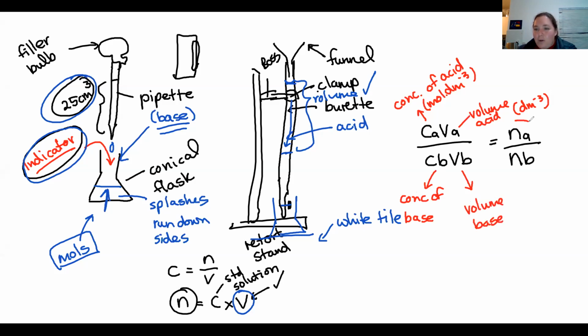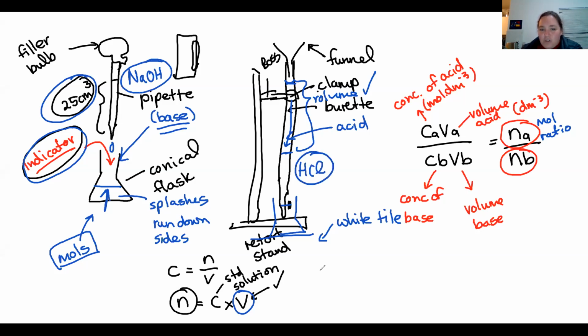Na and Nb are probably the most misunderstood things here. These are actually your mole ratios from the balanced chemical equation. So if I were to deal with an example, which is what you'll probably deal with, where we have sodium hydroxide, okay, and let's make this just HCl, nice and straightforward. Our equation is NaOH plus HCl goes to give us NaCl plus H2O.